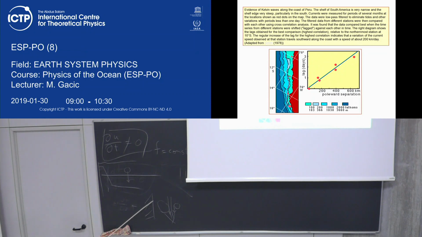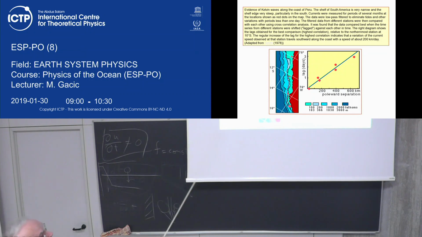So small movements of the water column perpendicular to the isobaths can create rather large changes in the vorticity, which means a rather strong and easily evident amplitude of the sea level variations.